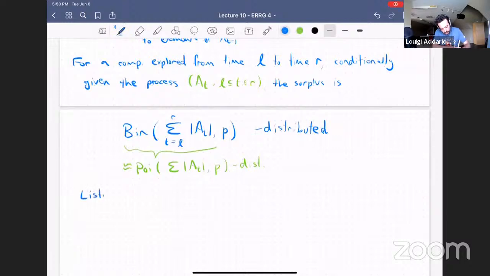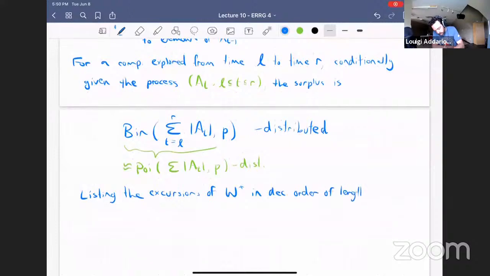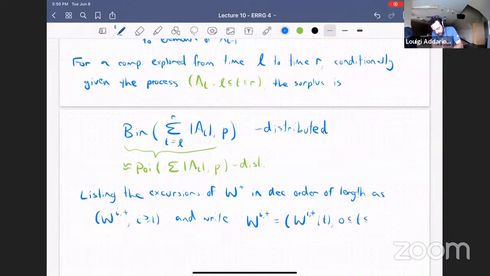So if we list the excursions of the limit W-star in decreasing order of length, as W_i-star for i at least 1, and write W_i-star(T) for T between 0 and the length of the excursion.